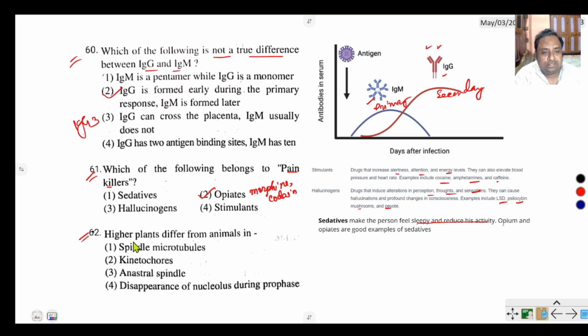Question 62 says higher plants differ from animals in the sense of cell division. The plants differ from higher animals because of the spindle microtubules: plants produce an anastral spindle but animals produce astral spindles.